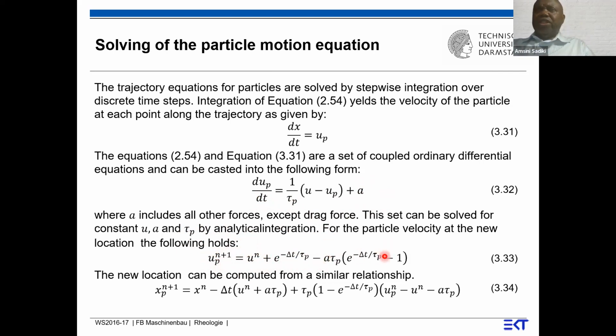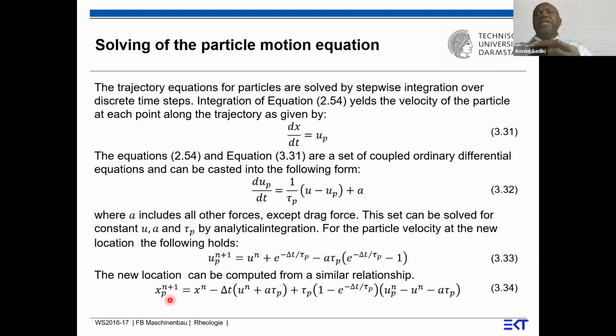So U at n plus 1 is equal to this quantity plus this time step divided by this one, and also these other forces. And to get the position, we have to introduce this expression here, and we integrate between these two time steps. If we integrate them, we will get this expression here.